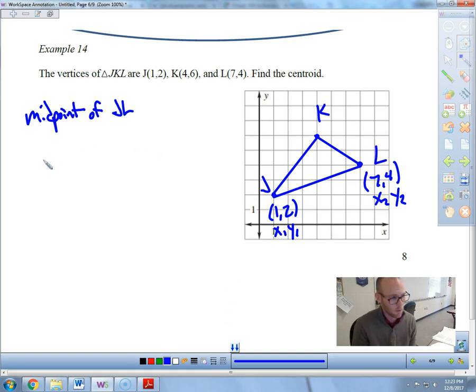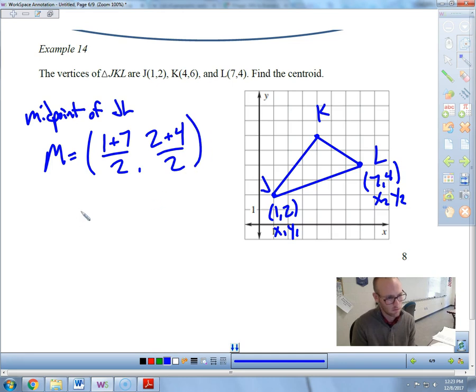So our midpoint, I'll call it M. Remember, it's the average of the x's and the average of the y's. Okay, let's see, that's 8 divided by 2, which is 4. That's 6 divided by 2, which is 3. Our midpoint M is at (4, 3). 1, 2, 3, 4. 1, 2, 3. Right there. And that looks right, doesn't it?